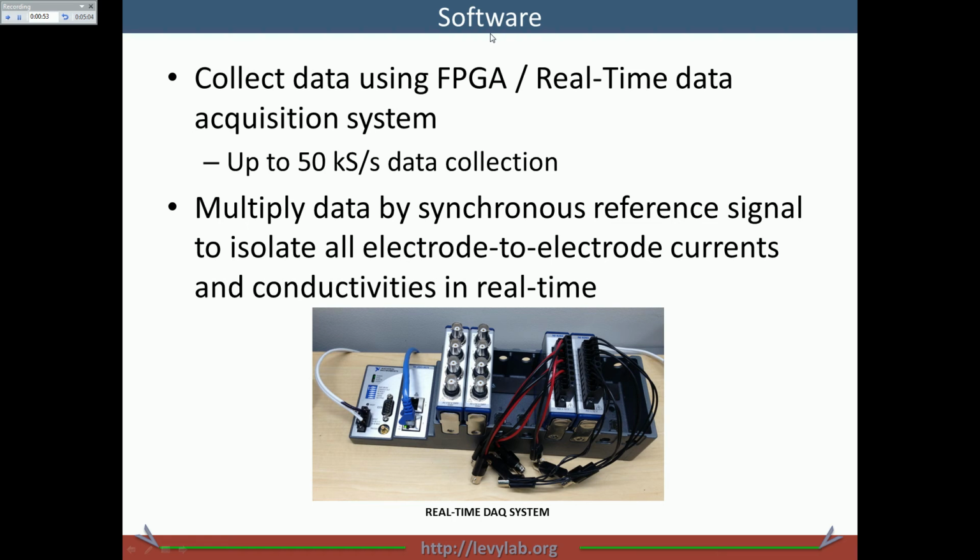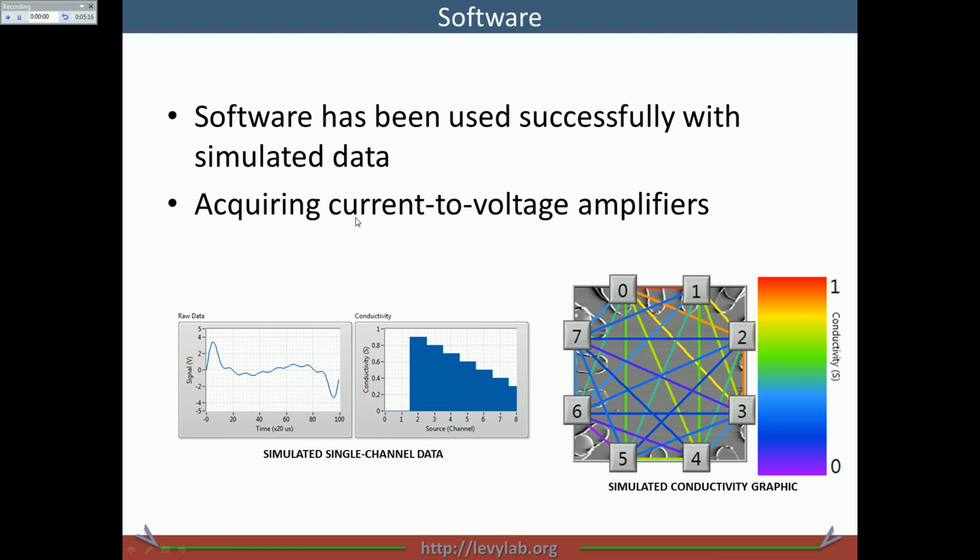Currently, this is only for specific frequencies that are multiples of the base frequency, but we're working on expanding this to be useful with any frequency. And we have already used this software successfully with simulated data, and after having some difficulties with the supplier, we are currently working on acquiring current to voltage amplifiers.